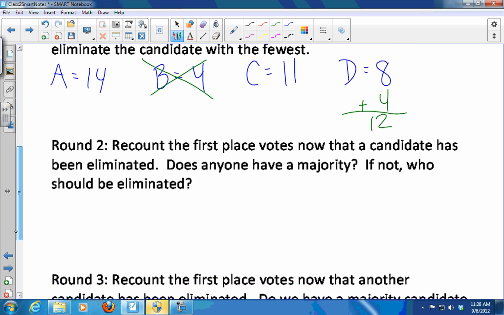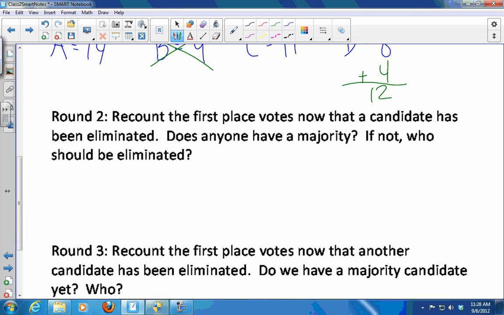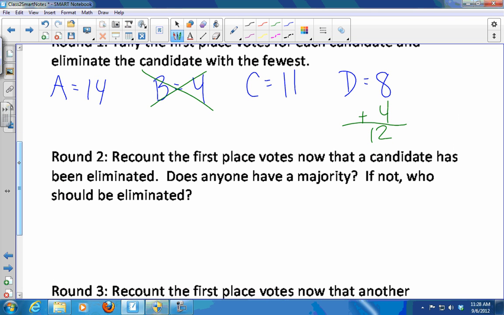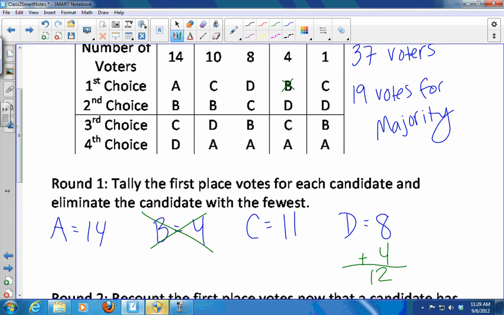Okay, so then we recount the first place votes. So we now have A 14, B is gone, C has 11, and D has 12. Does anyone have a majority? Nope, so we have to do it again. Who do we eliminate? C. We have to go up to the preference schedule and decide who gets C's votes. So these 10 people would have chosen B, but B is gone, right?